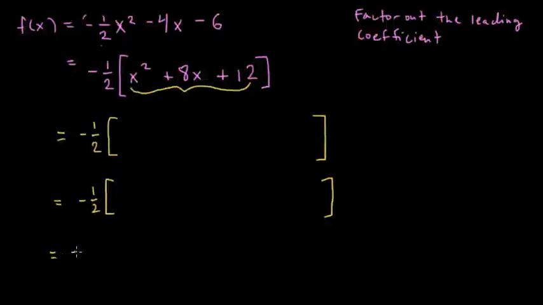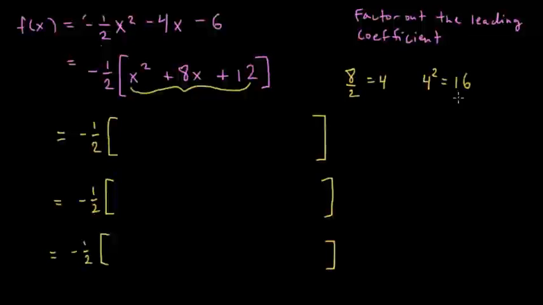Then I don't have to worry about forgetting that negative 1/2 because I've already set up my workspace to include it. So now that I've set it up, I go back to this nice simple completing the square inside the brackets, and I notice I want 8, which is the term multiplied by the x, and I want half of that, which is 4, and then I want to square 4 to give me 16.